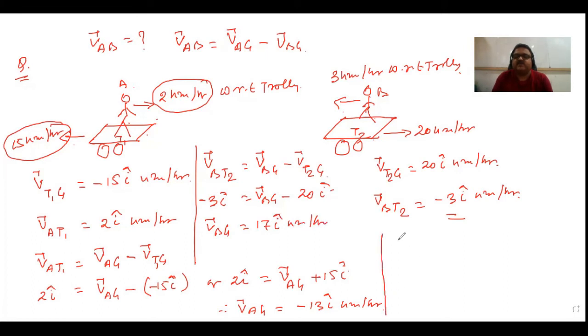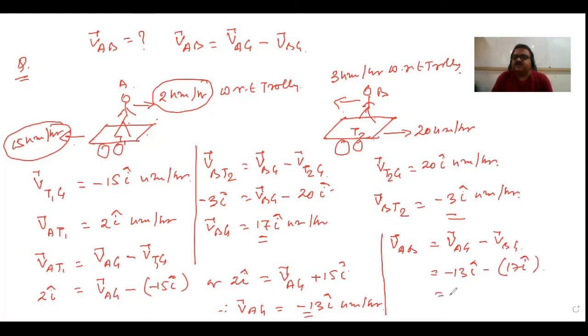Now, what we have to find out? Velocity of A with respect to B, which is nothing but velocity of A with respect to ground minus velocity of B with respect to ground. Correct. Now, velocity of A with respect to ground is minus 13 i cap. Put that value, minus 17 i cap.